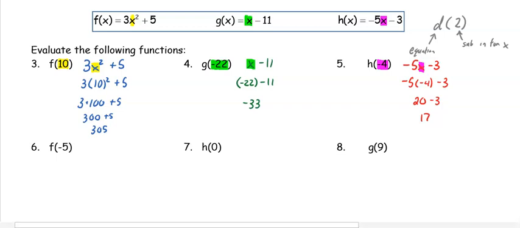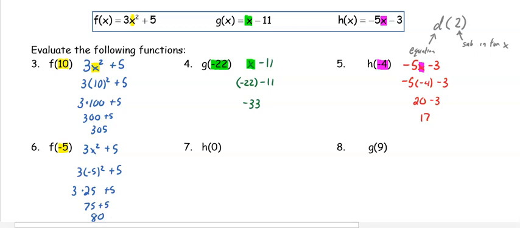In number 6, f of negative 5, so we're going to put that in for x in our equation, 3x squared plus 5. Now it's very important we put parentheses around this because when I square it, negative 5 squared should get us a positive 25. So we have 3 times 25 plus 5. 3 times 25 is 75, plus 5 would get us 80.